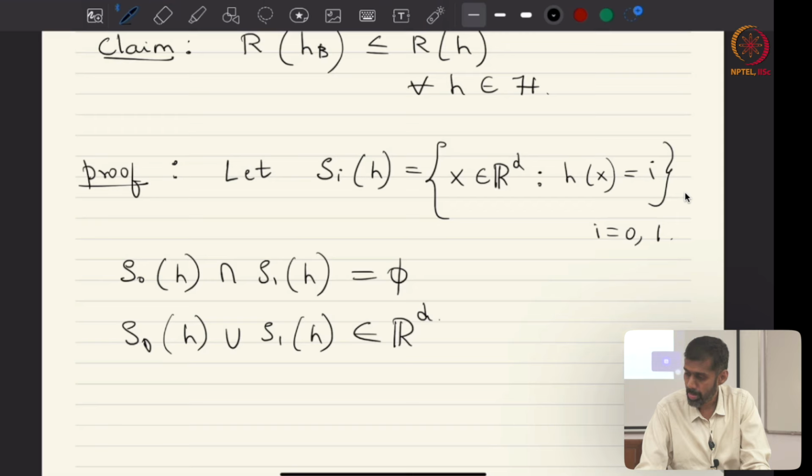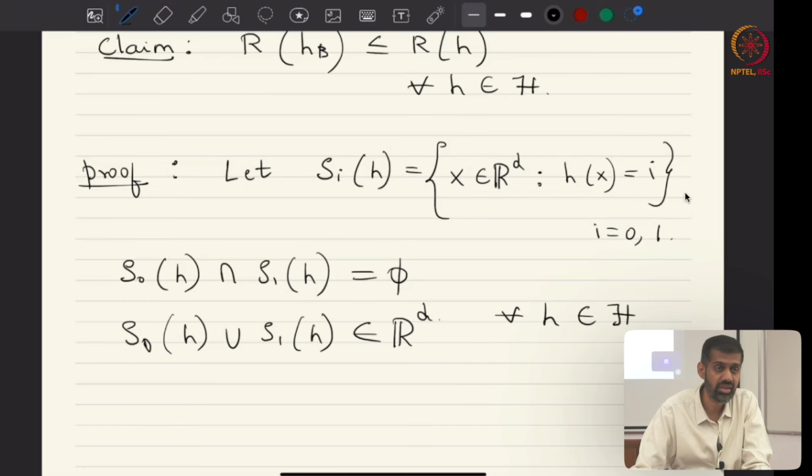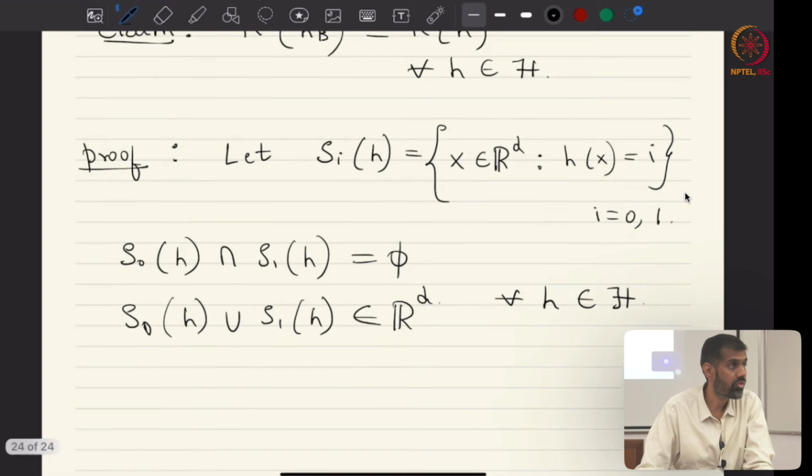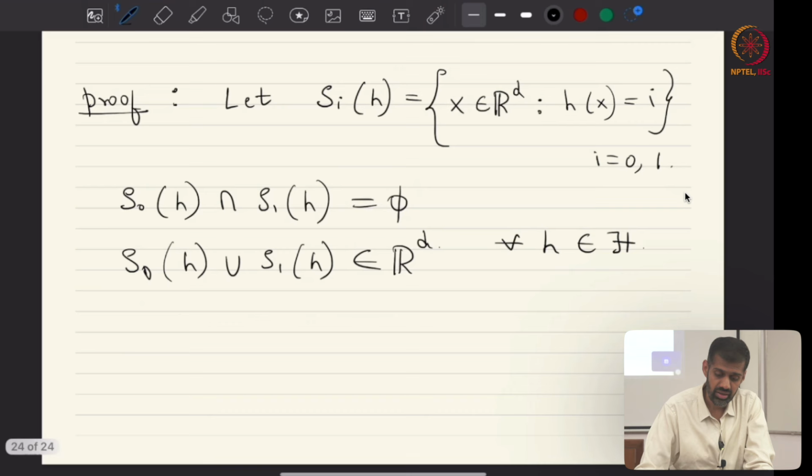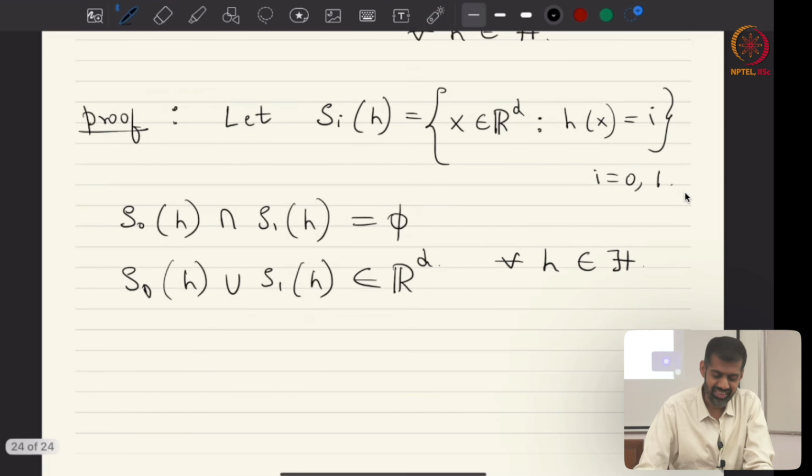Now, this is for every h. So you take any h in the hypothesis set, you can partition R^d into these two partitions, right? Okay. I think it has to be all the examples of x, right? If you put a subset, even one example can satisfy this condition.